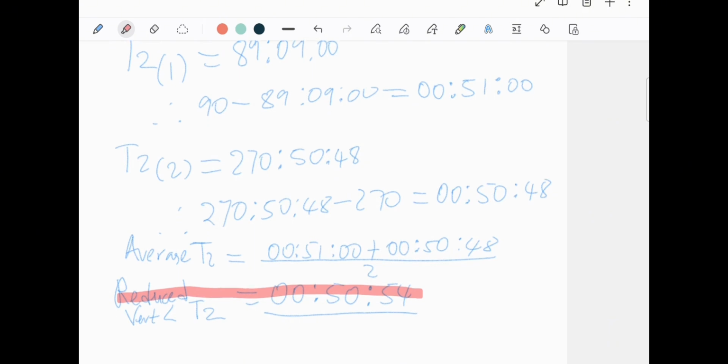So now we are finding our VD and HD: your vertical distance and your horizontal distance.